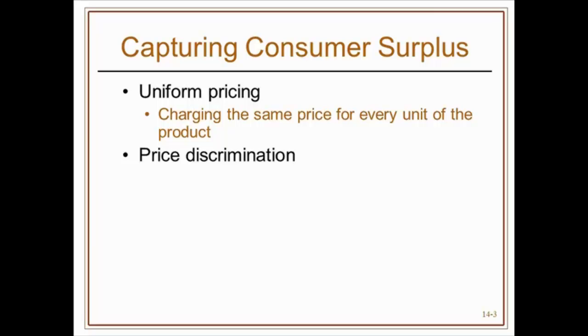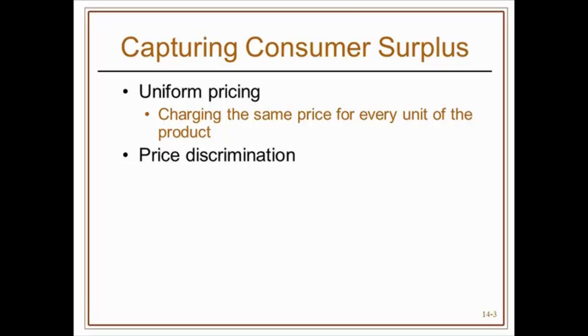Because again, if you are charging the same price for every unit, then you're probably underselling to the high demanders, and you're probably charging too much for some of the low demanders. I mean, so much that they're not even willing to buy it at all. So if you could charge people based on their willingness to pay, then you might be able to capture that consumer surplus, or the happiness that the high demanders received from buying the product at less than their willingness to pay.